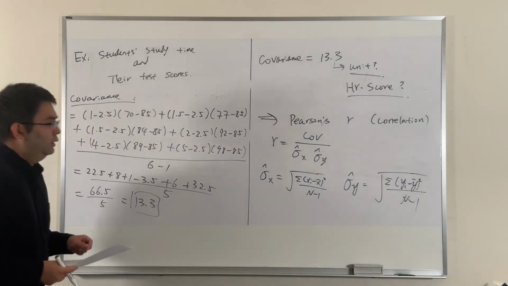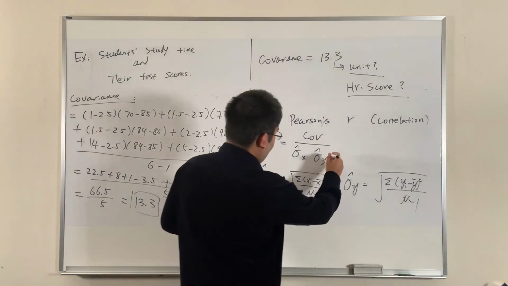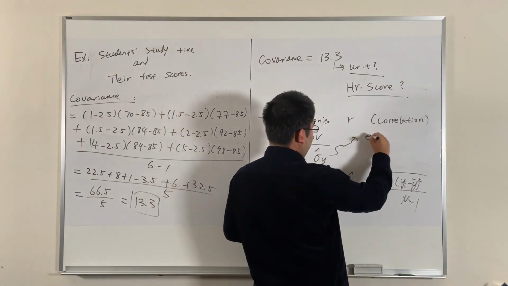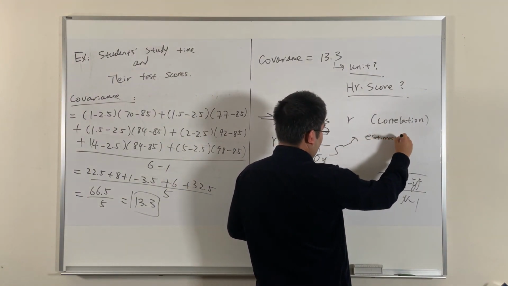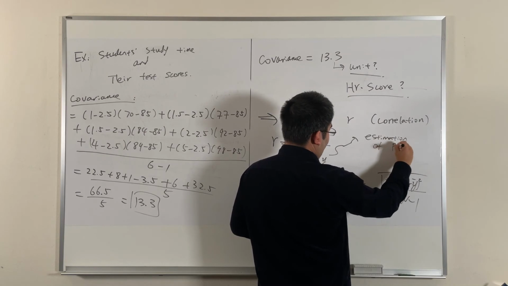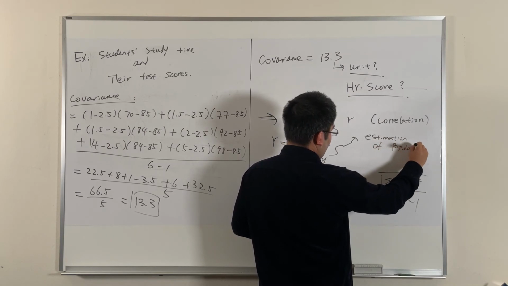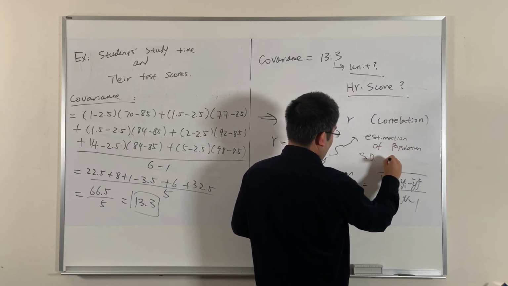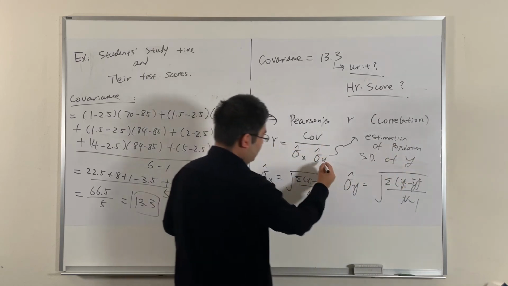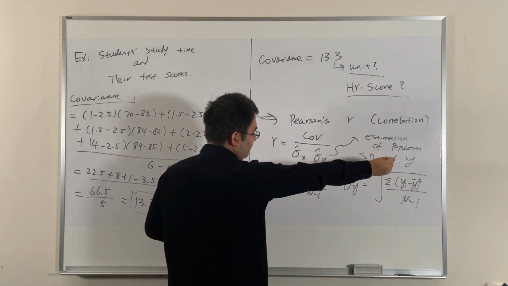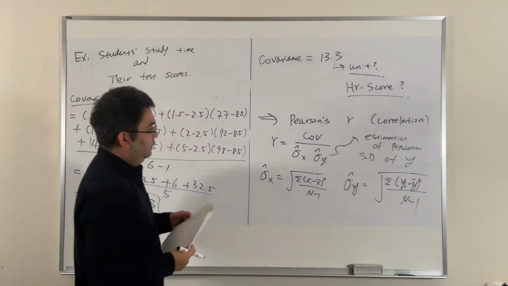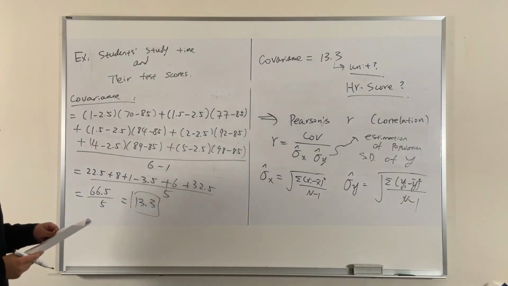Let me give their names. It's the estimation of the population standard deviation of Y. So in this case it's for Y, but this will be the same name, but for X.